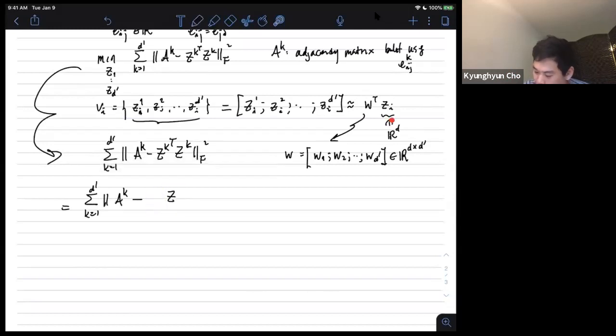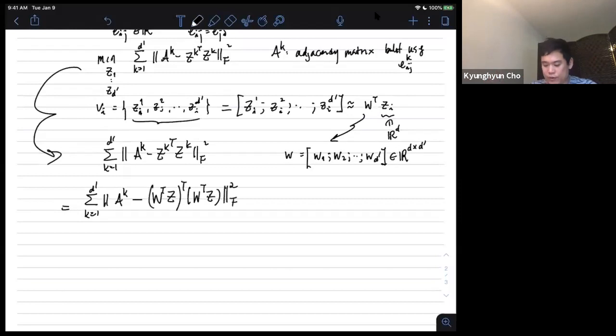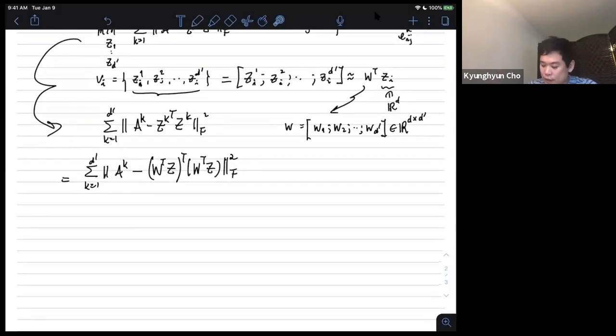We have only one code matrix now, times W, where the W comes from this Wayne matrix you see here that tries to transform the vector representation of each node for each and every possible relationship that we are trying to measure. And then transpose the same thing, W^T Z, and then squared Frobenius norm. Now we can solve for this problem.